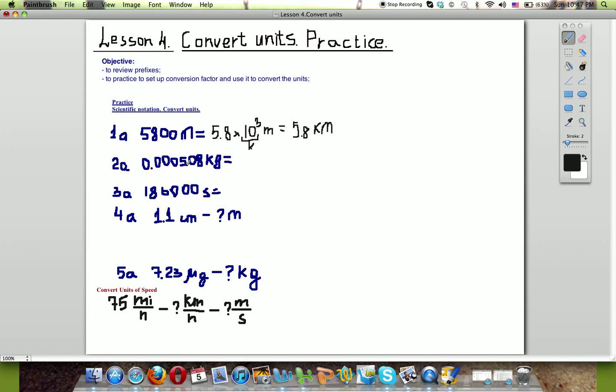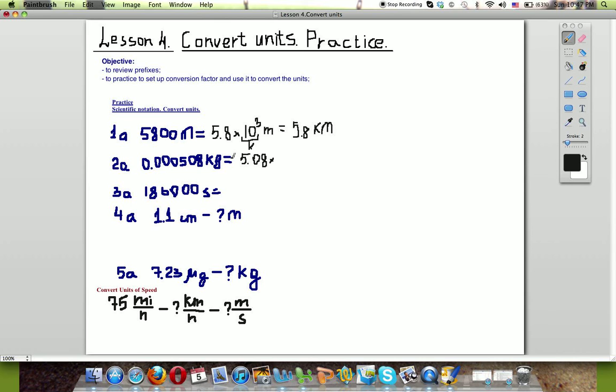Sample 2: 0.00508 kilograms. To express it in scientific notation, again, we have to have a number that is more than 1 but less than 10. So I have to place the decimal point after 5. So 5.08 times.